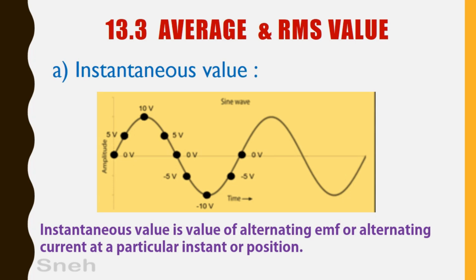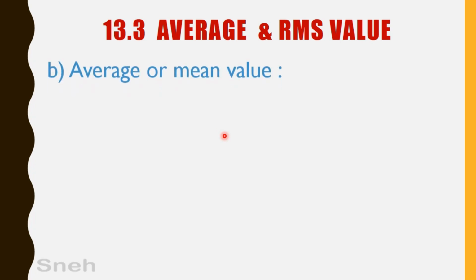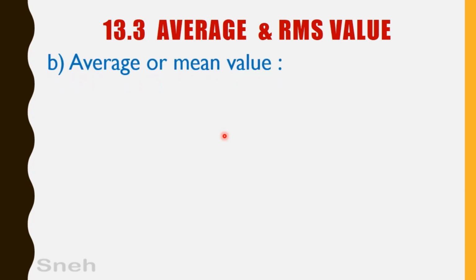So what to do? Let us try for average value, because ammeter and voltmeter always measure the average or mean value, so we have to find out its average or mean value.